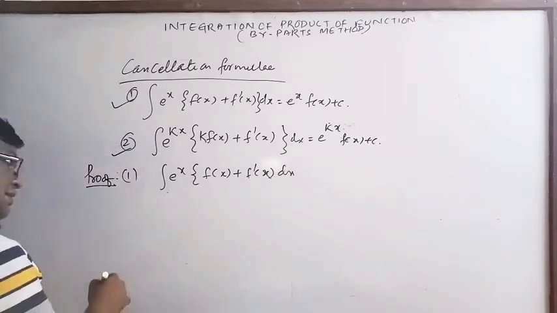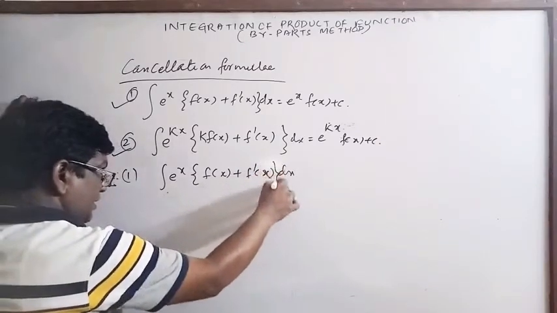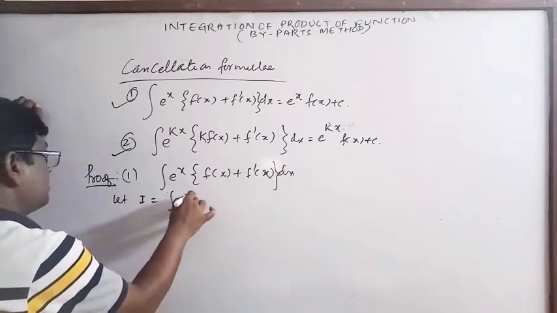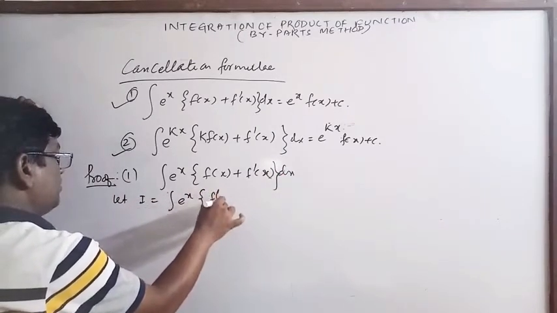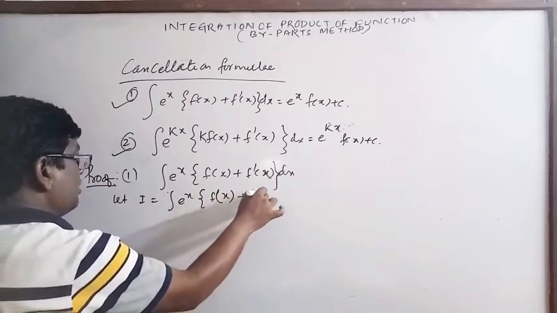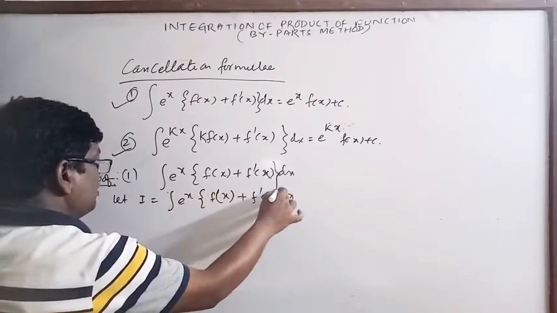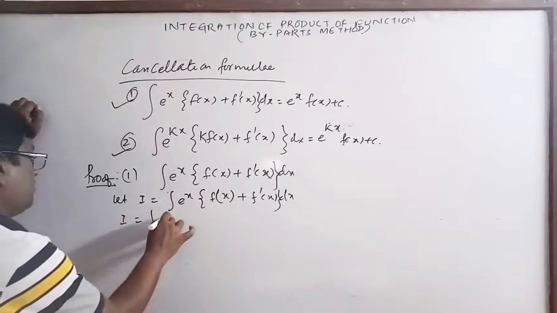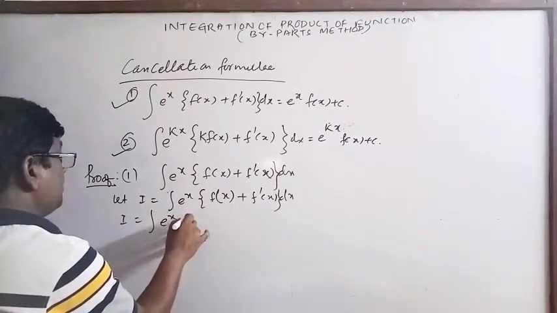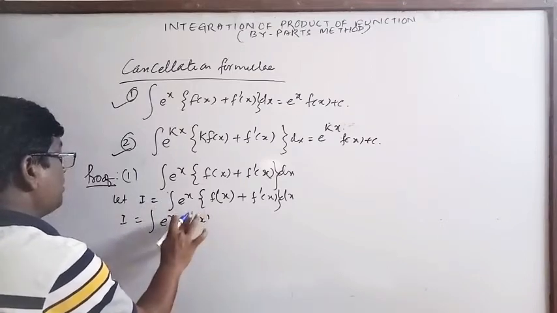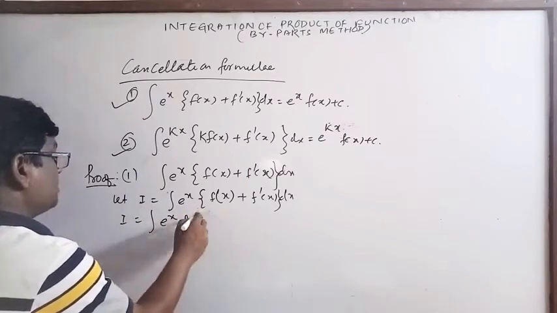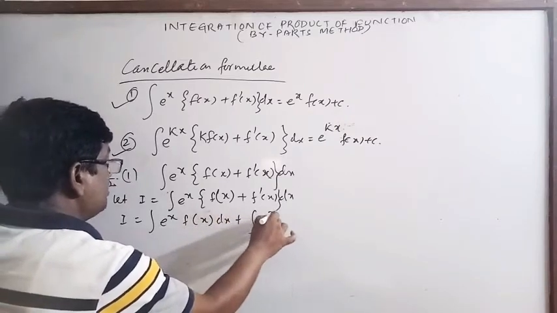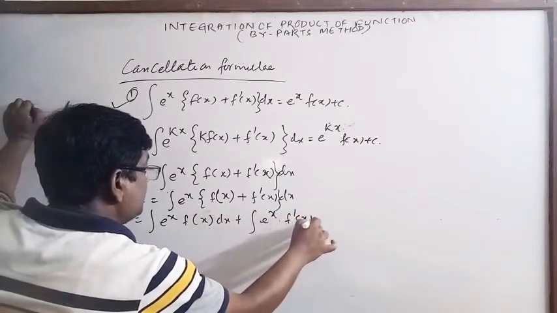Let this be equal to I. Let I is equal to integration of e to the x into (f of x plus f dash x) dx. Now multiply this out: I is equal to integration of e to the x f of x dx plus integration of e to the x f dash x dx.